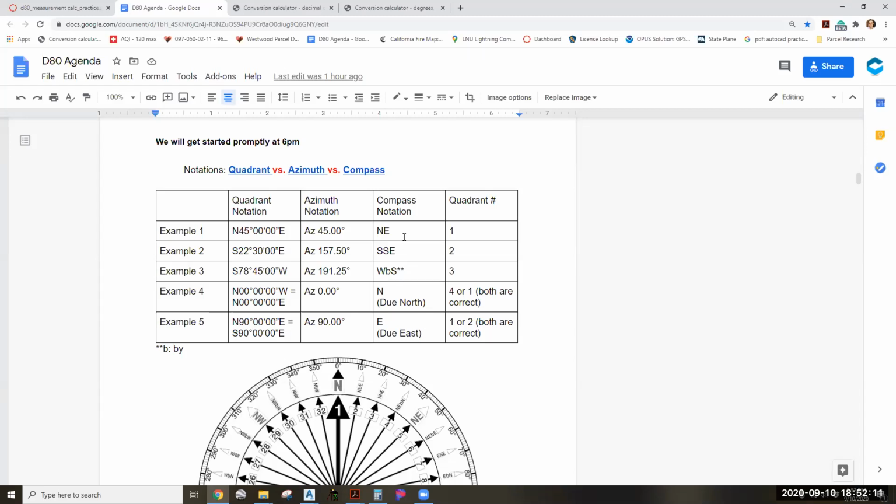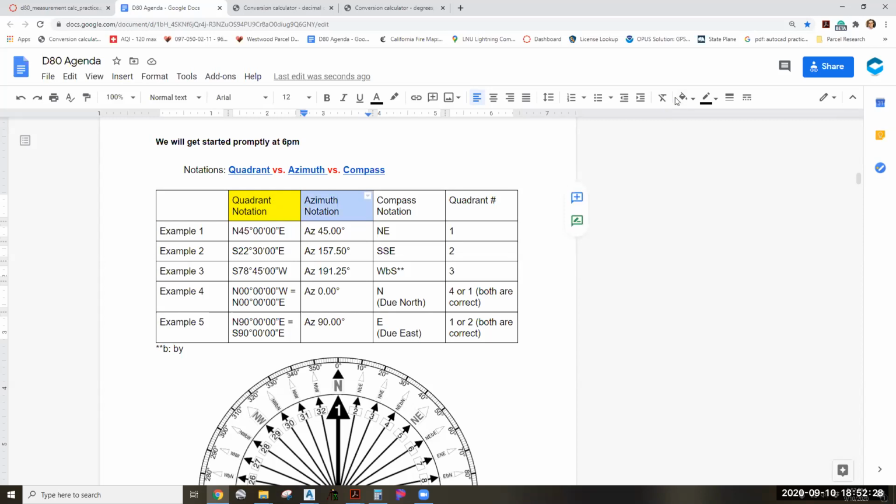So this is how the compass relates to quadrant and azimuth, okay? You do need to know this one. And you do need to know what quadrant it would fall in, okay? Compass notation is FYI, for your information.